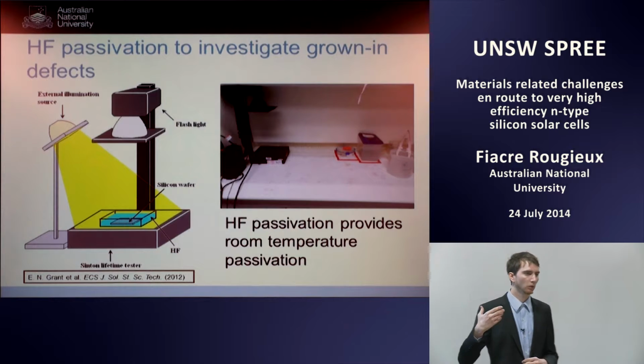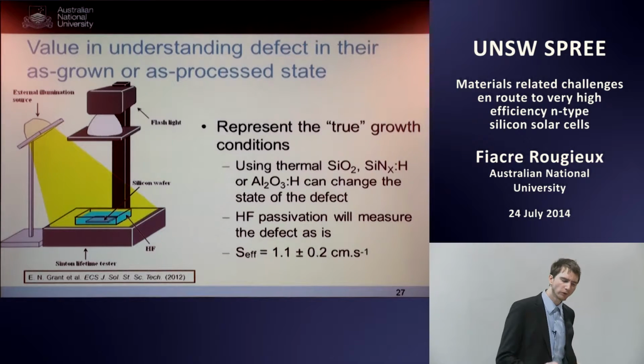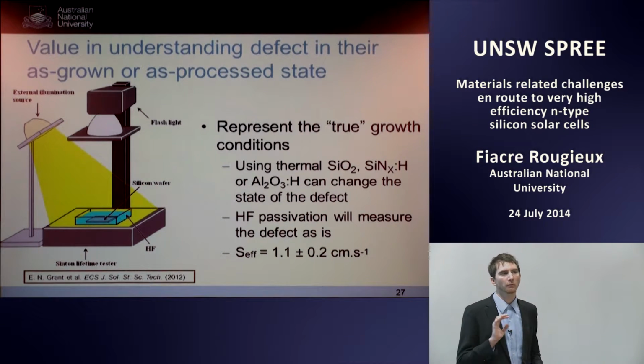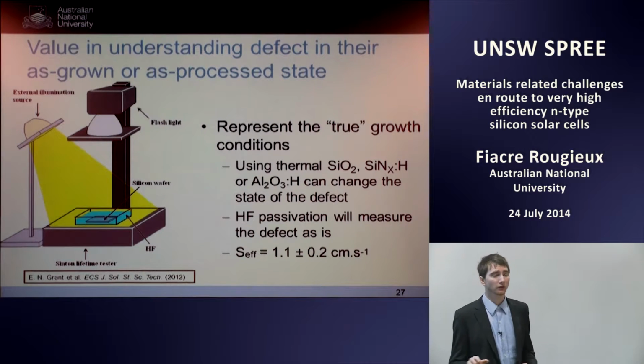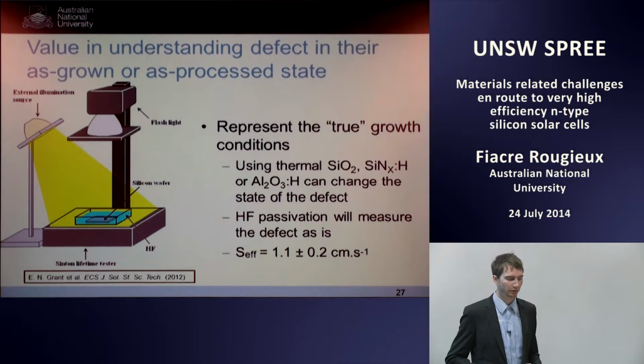So we create electron-hole pairs, and that activates the passivation, and then we measure the lifetime. This is great because we're really sure that when we do this kind of measurement, we're measuring the true grown-in condition. If you were to use silicon nitride, you can never be sure that you're not hydrogenating the bulk, or annealing some bulk defect.